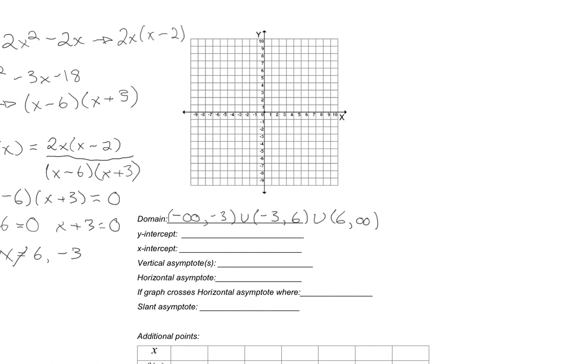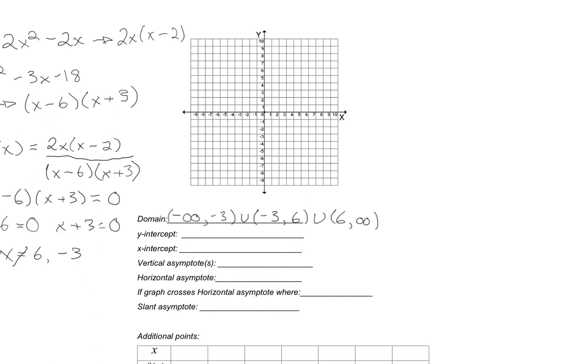Next, we need to know what our y-intercept is. So our y-intercept occurs when our x is equal to 0. And so if we look back at our original function up top here, really we just need to find what f of 0 is.